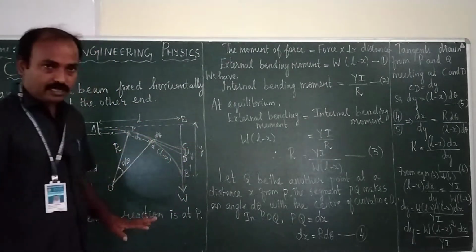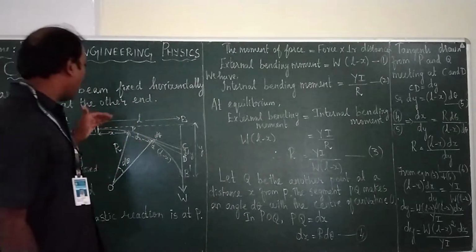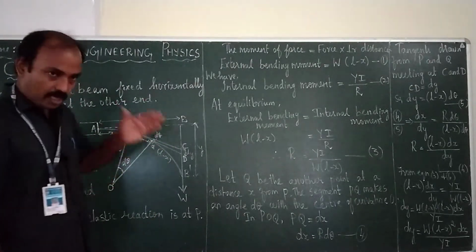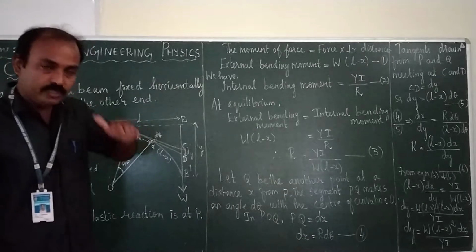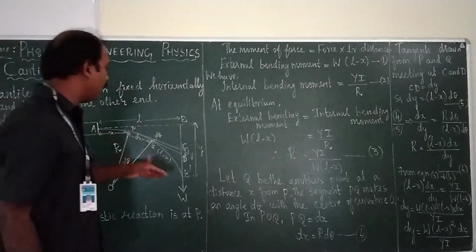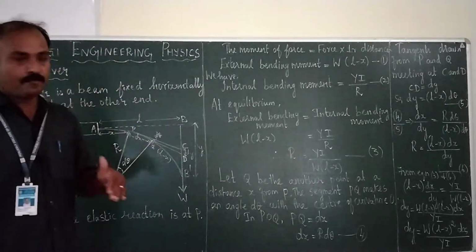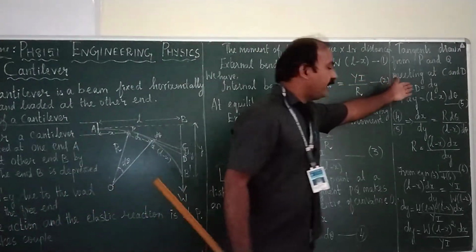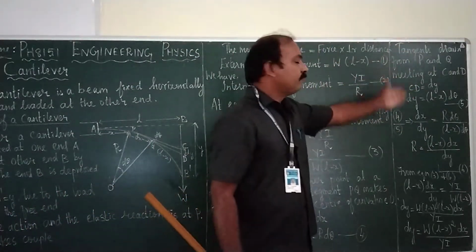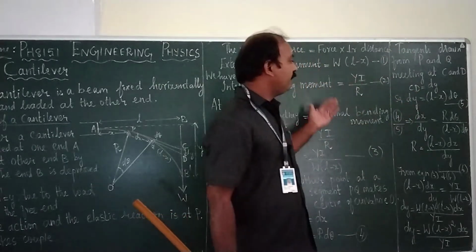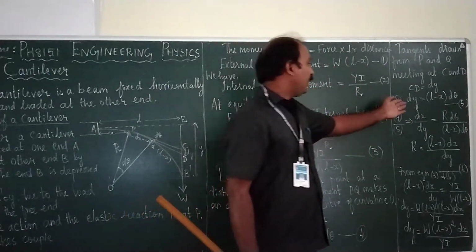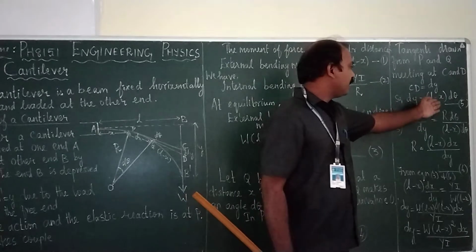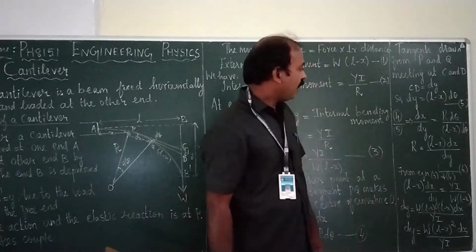So in that regard, you can take the tangent from P and also Q. These two tangents meet at the points C and D, that is dy. So CD is equal to dy. Then, same concept already discussed, dy is equal to L minus x into d theta.